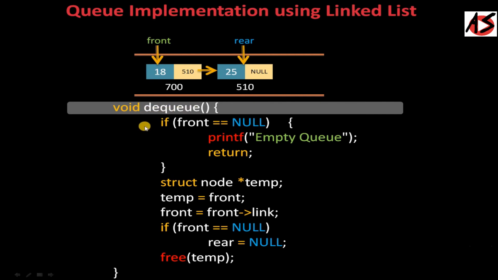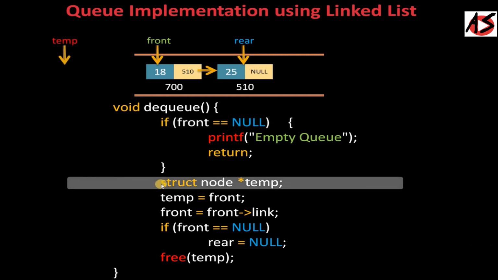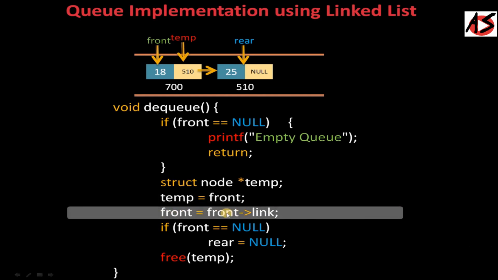Here we check the first condition: if front is equal to null. Your front is not null because it is indicating the address 700. So you move ahead and take one pointer, that is temp, and then you set temp is equal to front. Now your temp pointer points to the front node with address 700. Now you update the front address with its link address.